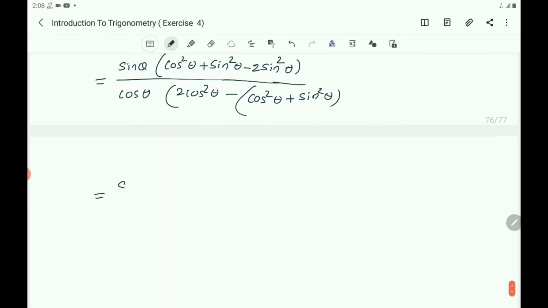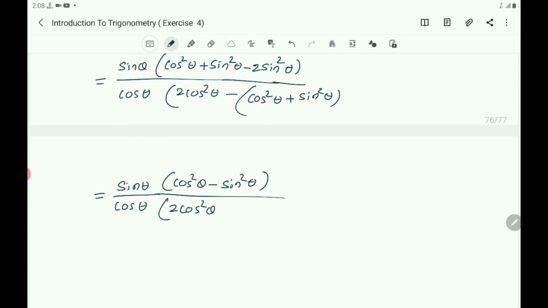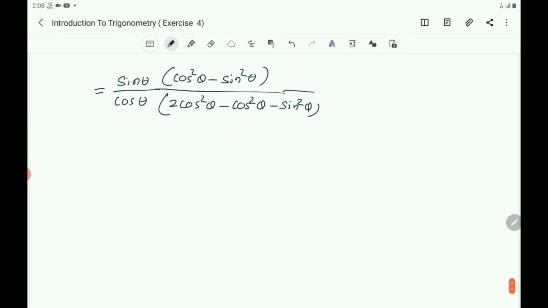Then you write sin theta by cos theta, and cos square theta is remaining, and sin square theta minus 2 sin square theta means minus sin square theta is remaining here, and open the bracket, 2 cos square theta minus cos square theta minus sin square theta, and sin theta by cos theta, you write sin theta by cos theta.